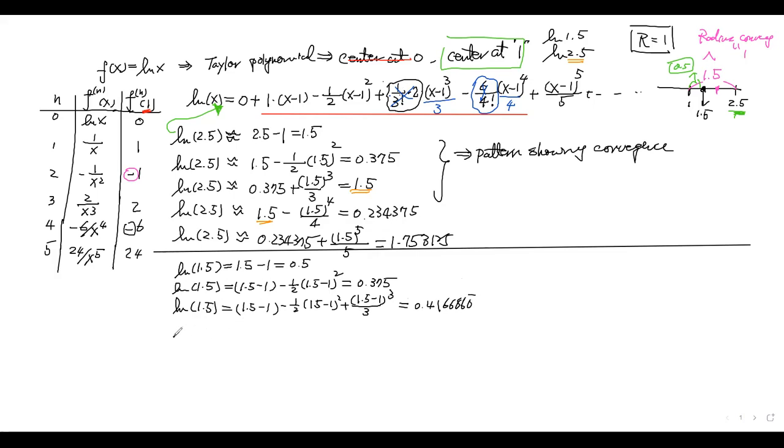Now let's take a look at natural log 1.5, the last non-zero term. It will be 1.5 minus 1, minus 1/2 times 1.5 minus 1 squared, plus 1/3 times 1.5 minus 1 to the third power, minus 1/4 times 1.5 minus 1 to the fourth power.